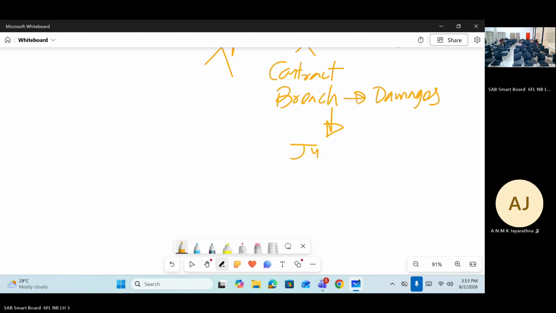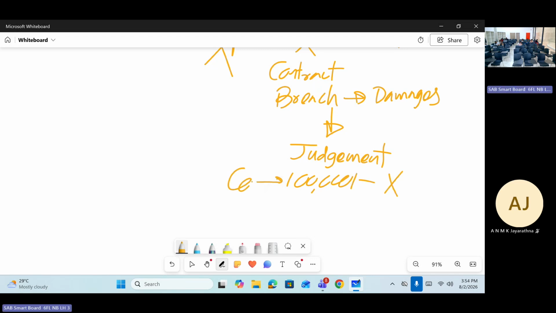Judgment is the final decision of the court. After considering evidence, the court has given a judgment in favor of X, the innocent party or aggrieved party. So according to the judgment, suppose the company has to pay 100,000 rupees to X.